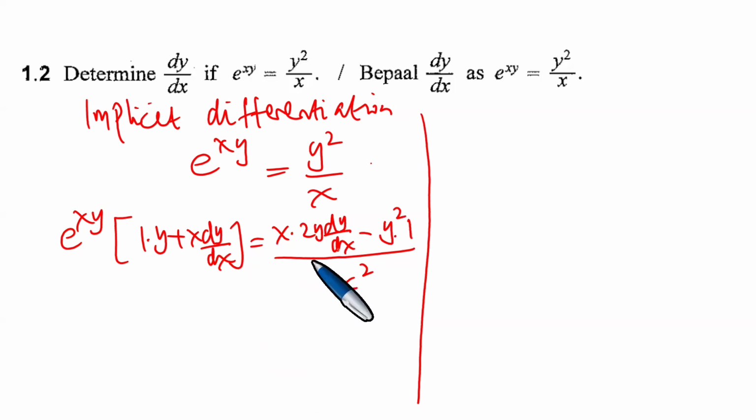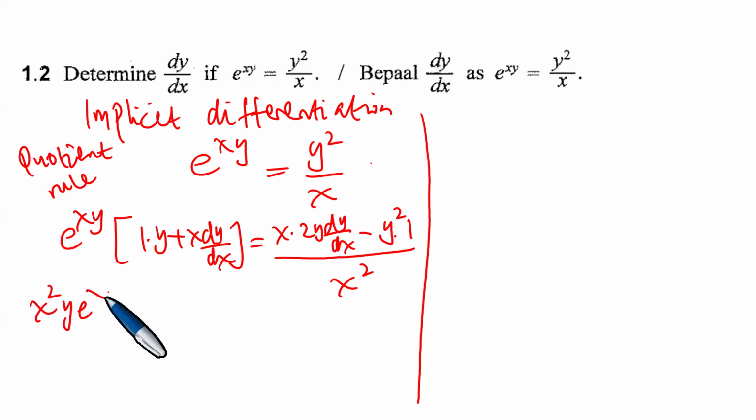At this point, we use what you call the quotient rule. Right, we cross multiply here, the x squared goes that way, giving exactly x squared y, plus then we have x squared by x cubed.